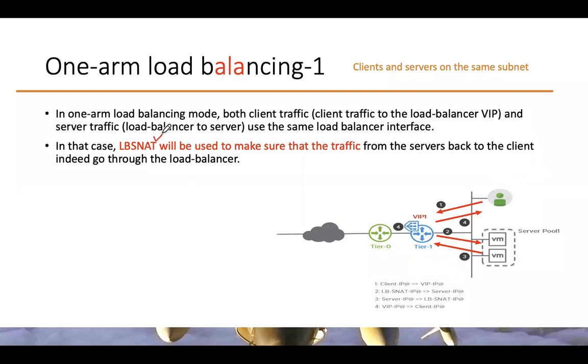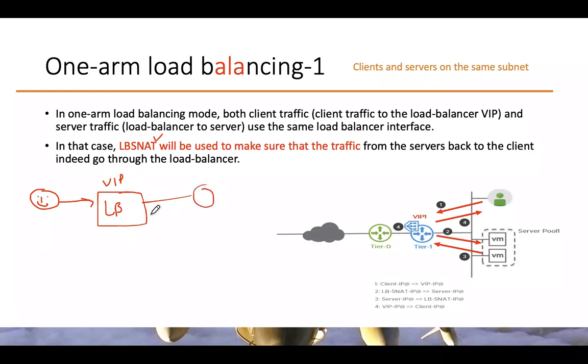What it does is it translates the IP address when the user is accessing the VIP and trying to access the servers. In this case, it replaces the IP address of the end users with its own IP address. For example, this is a user, a happy user, and it's trying to access a VIP on the load balancer.